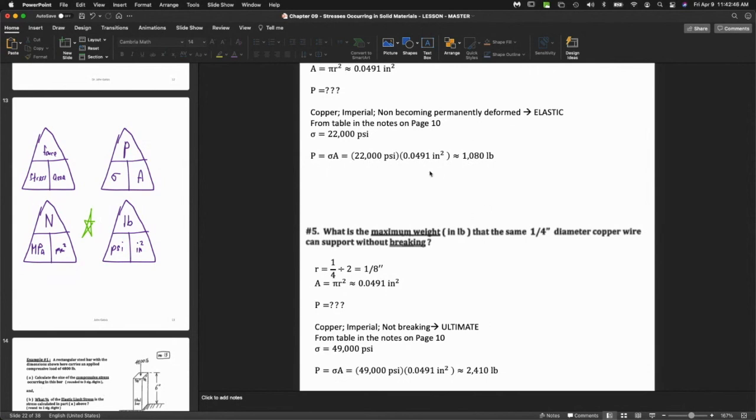That brings us into a comparison that I want to make here, which is that 1,080 pounds, that's how much the copper wire can handle and bounce back. And it can handle more than double that and not break. But what about design? What about real life? You don't want this wire to hold more than 1,000 pounds.